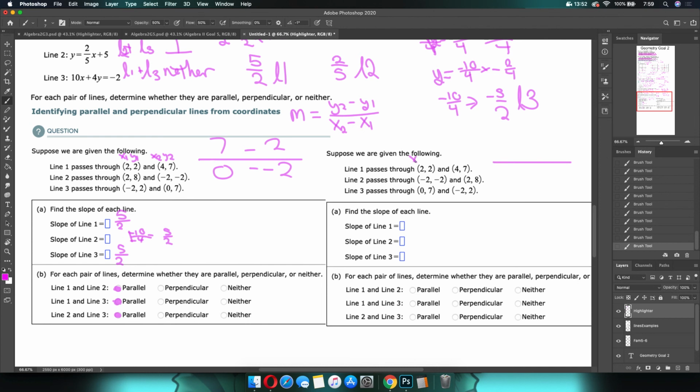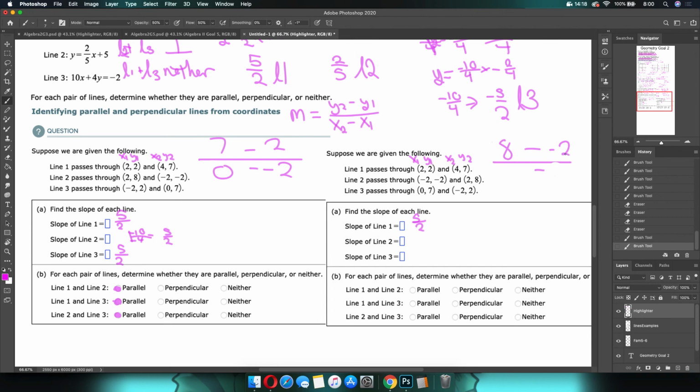Let's see here, x1, y1, x2, y2. So what do we have? We have 7 minus 2, and then we have 4 minus 2. 7 minus 2 is 5. 4 minus 2 is 2. Okay, so far so good. What's the next one? Slope number 2. We have 8 minus, that's our y2, what's our y1?